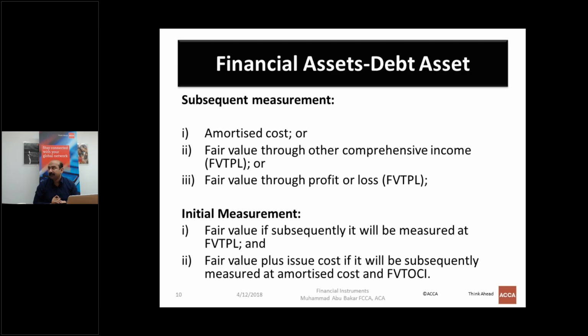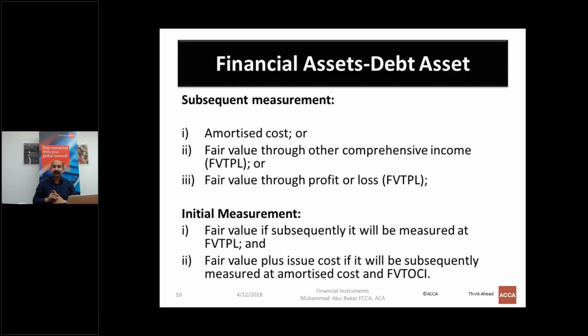I repeat it again. See, it is mentioned over here, like on initial measurement, you will be recognizing your financial asset, which is a debt asset, at fair value. What is fair value? Fair value is basically the consideration given. But what is the exception? Exception is like if consideration given is something other than the financial asset, anything other than the cash or other financial asset.